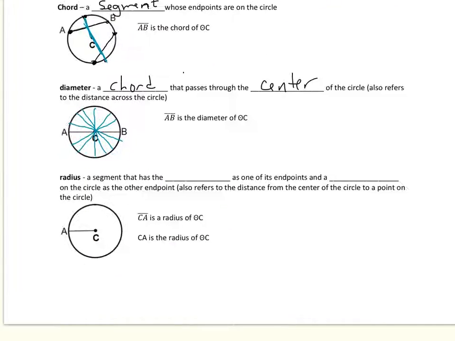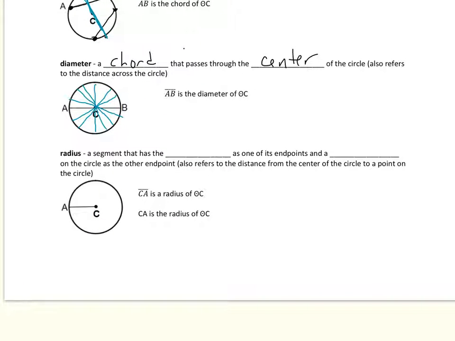And of course, related to diameter, we have the term radius. A radius is a segment that has the center as one of its endpoints, and a point on the circle as the other endpoint. So it goes from the center to some point on the circle.